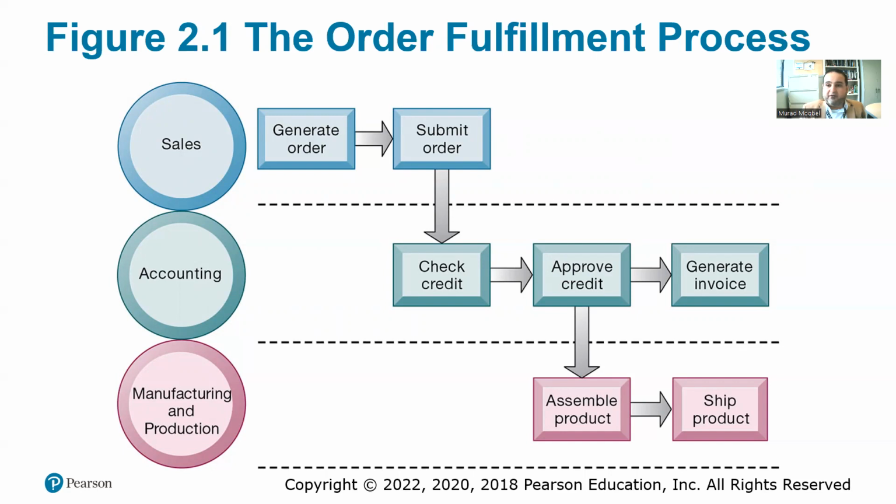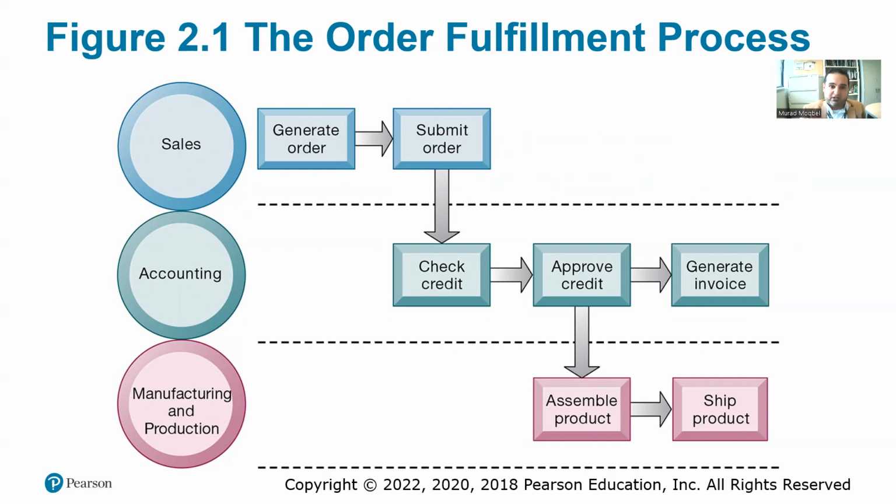For example, if you're working for a company like Boeing and you are fulfilling an order, it involves several functional areas: the sales functional area, the accounting functional area, and the manufacturing and production functional area.